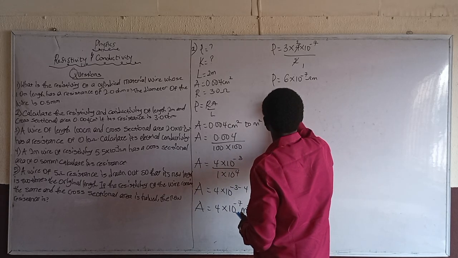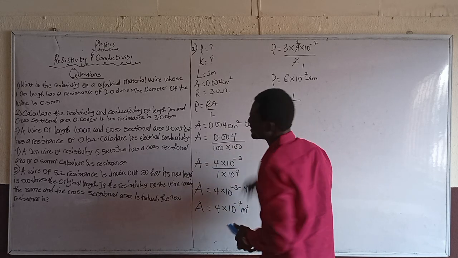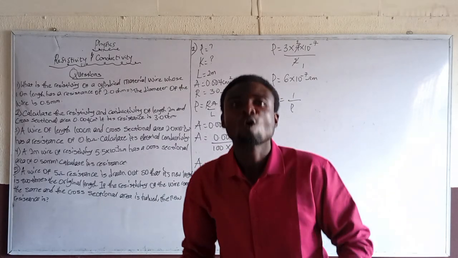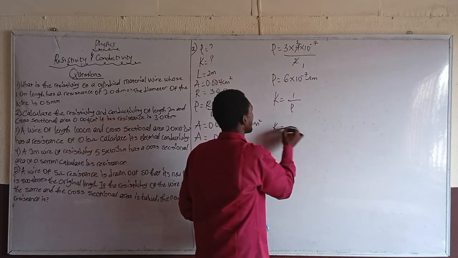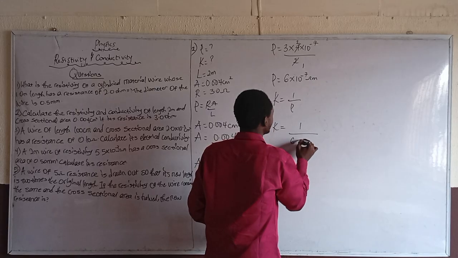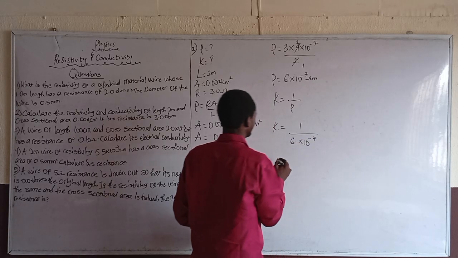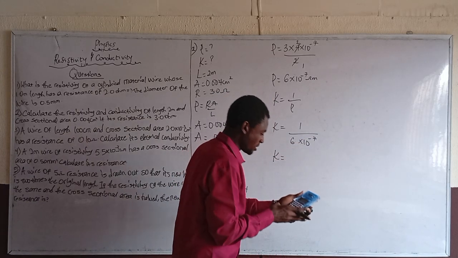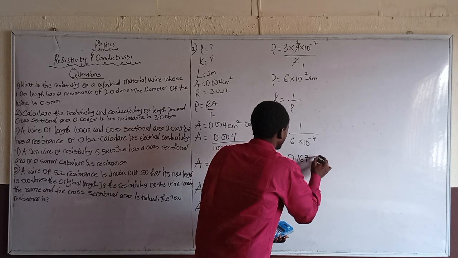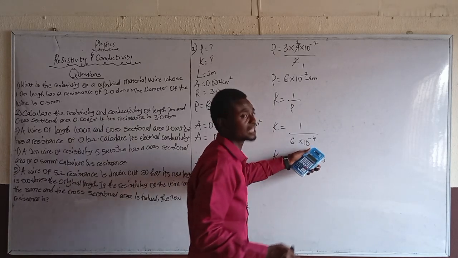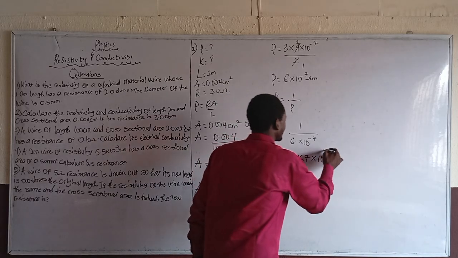Now, conductivity is the reciprocal of what? Resistivity, or the inverse of resistivity. So conductivity here becomes 1 divided by 6 times 10 raised to the power minus 7. Here becomes 1 divided by 6, that is 0.167 times 10. This minus 7, when it comes up becomes what? 7.